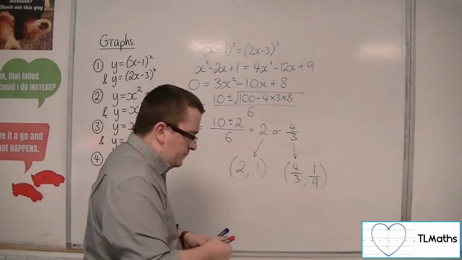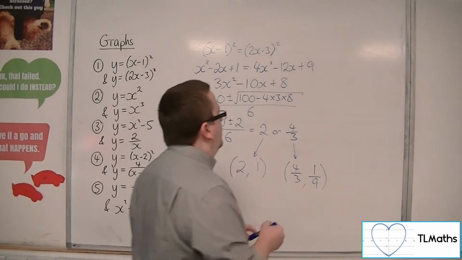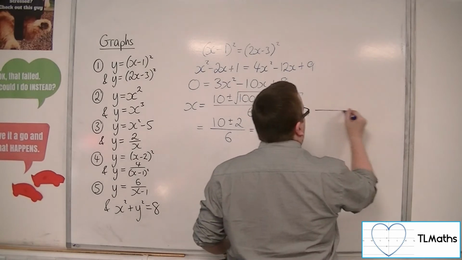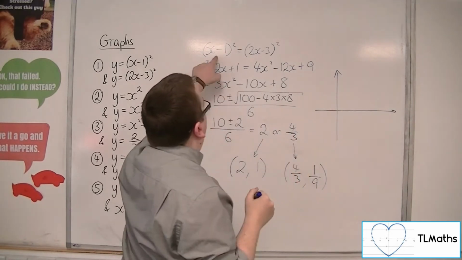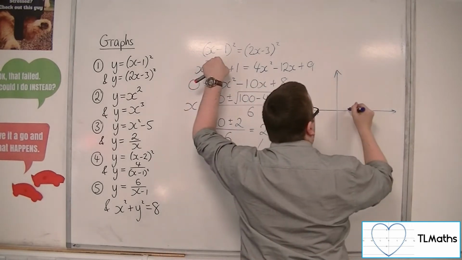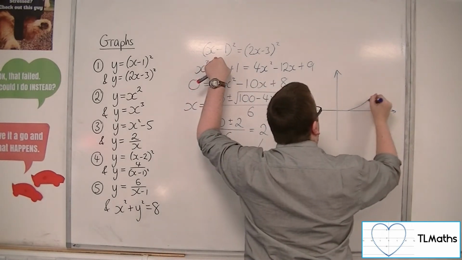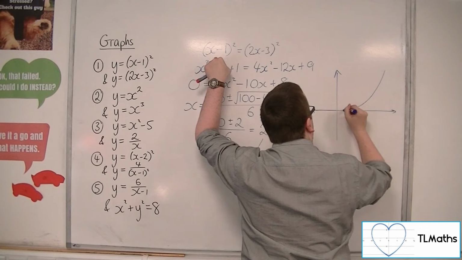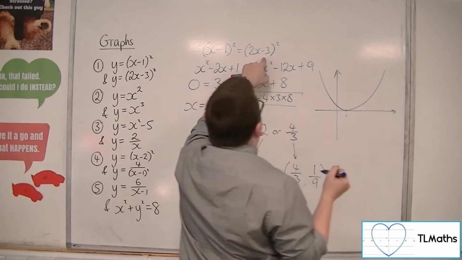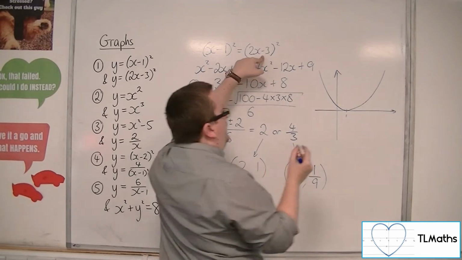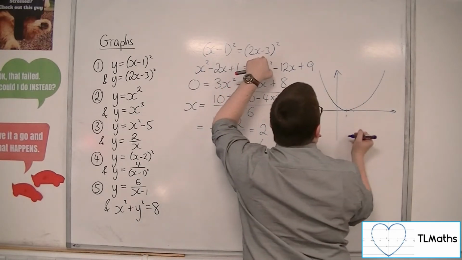So visually, what does that look like? Well, you have one parabola, (x minus 1) squared, which would be a parabola with vertex at 1, just sitting on the x-axis like that. And then you've got one with vertex at 3/2, so it would sit there.